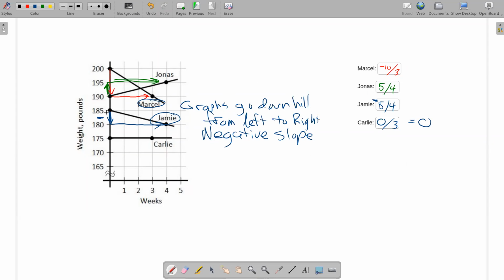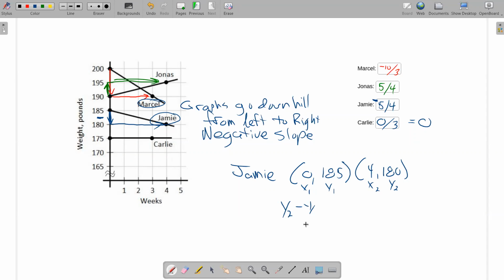To double check some of these I pulled off the graph, we could look at Jamie for a minute. And Jamie had the points 0, 185, and 4, 180. And then I could say this is x1, y1, x2, y2, and then apply that formula, y2 minus y1 over x2 minus x1.